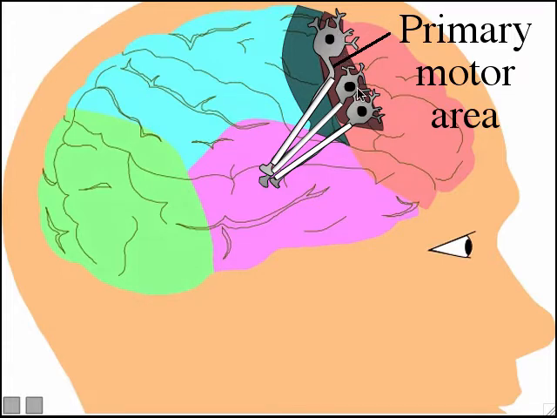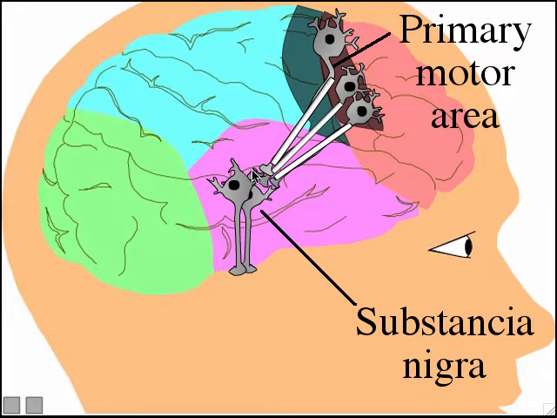These neurons within the primary motor area that generate the motor signals first send their signals down to some other regions of the brain. There's a region of the brain called the substantia nigra, and the neurons of the substantia nigra are involved in smoothing out those motor signals that come right out of the primary motor area.